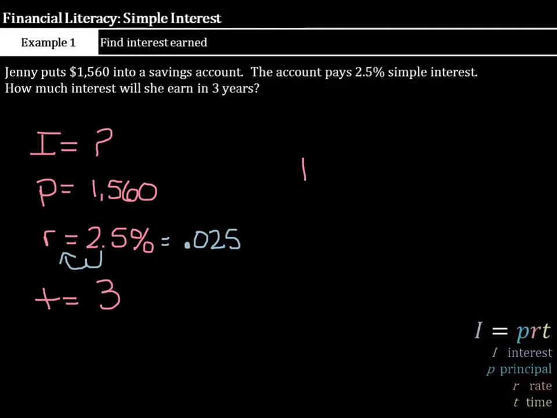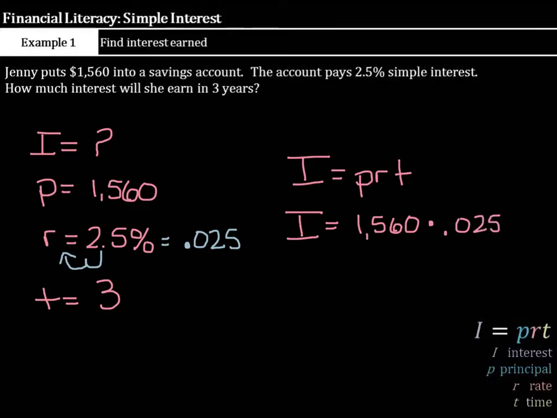Now, start with I equals P times R times T. Interest is what you're solving for. Your principal was $1,560 times 0.025 times 3. When you multiply these numbers together, I equals 117, or $117.